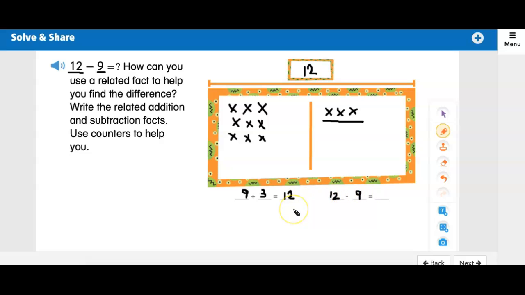Notice how both of these equations have a sum or whole of 12, a part of 9. So what would this missing part be? Well, the other missing part was 3. So if 9 plus 3 equals 12, then that means 12 minus 9 is equal to 3. Pretty cool.